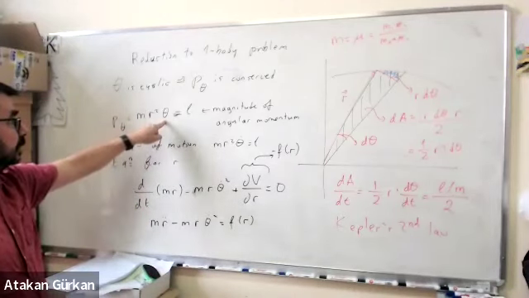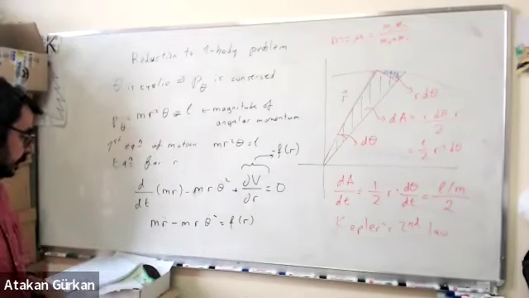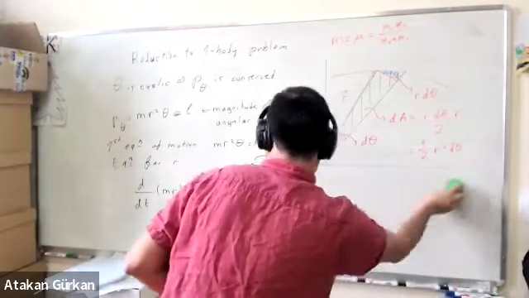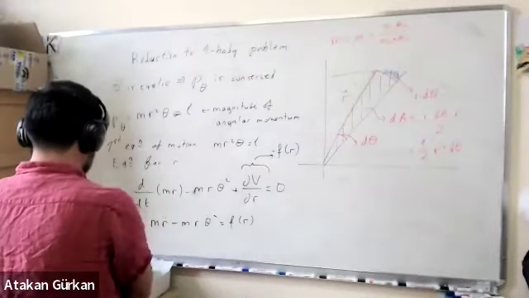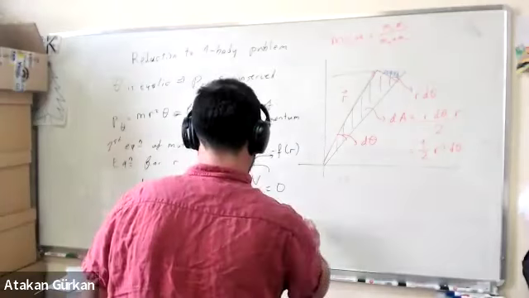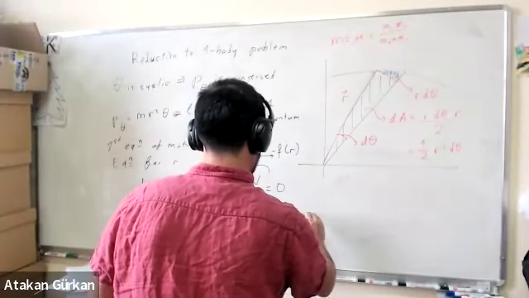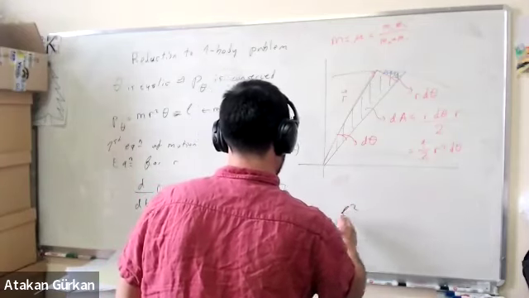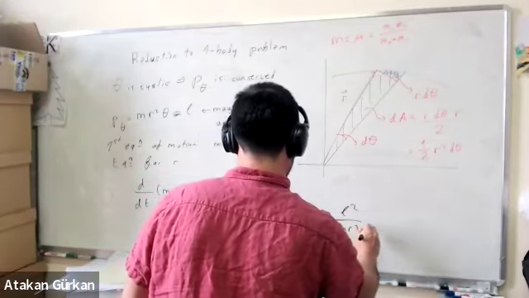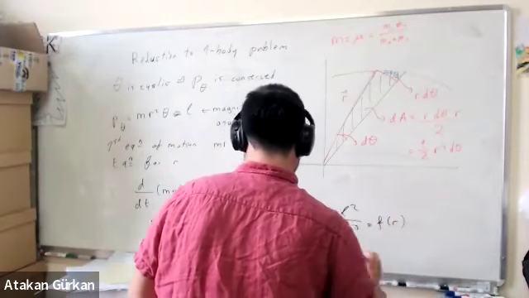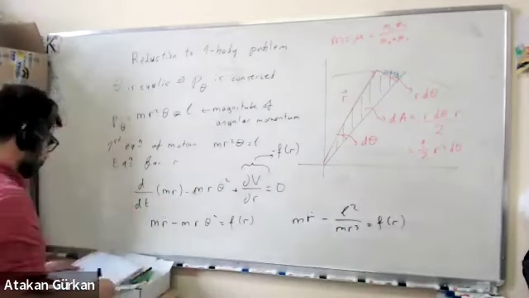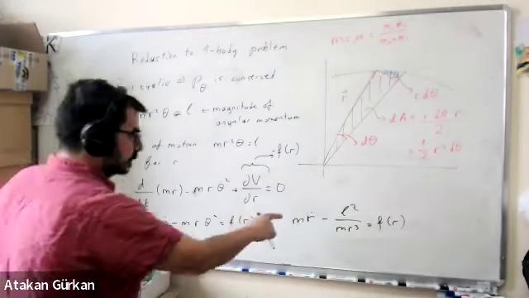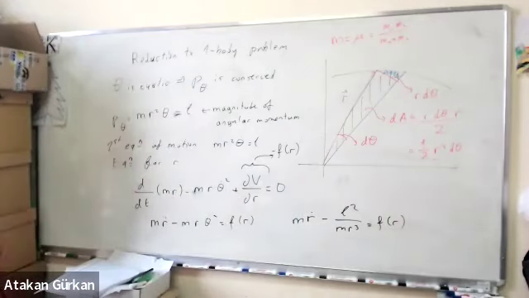You basically take the expression for theta dot and put it in this equation, and we're going to get r double dot minus l squared by r cubed is equal to f of r. And so this is the second equation that you need to solve.